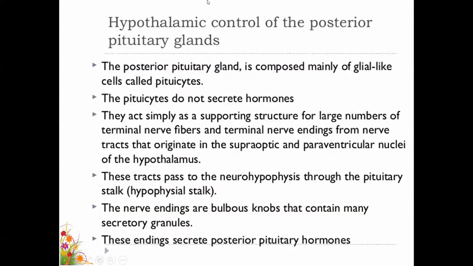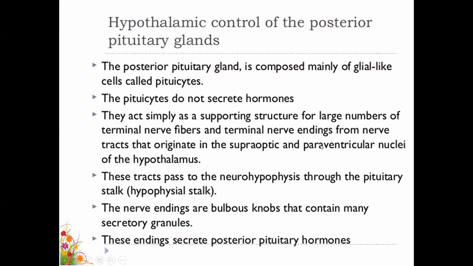So here, again, I'm explaining the third point. The main function of the pituicyte is simply supporting the large number of terminal nerves or nerve endings originating from the supraoptic and paraventricular nuclei. These tracts pass through the neurohypophysis through the pituitary stalk.